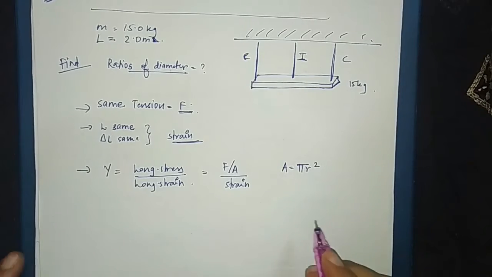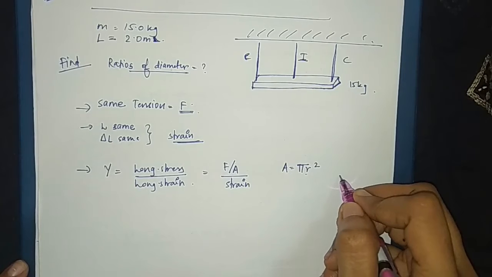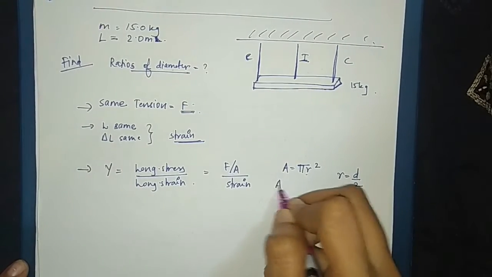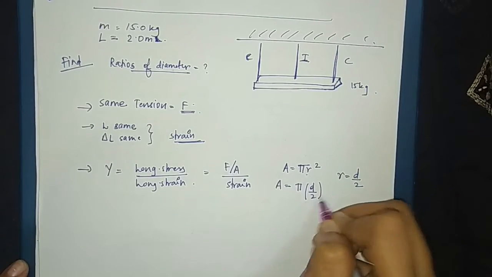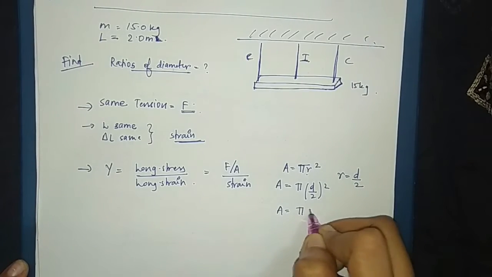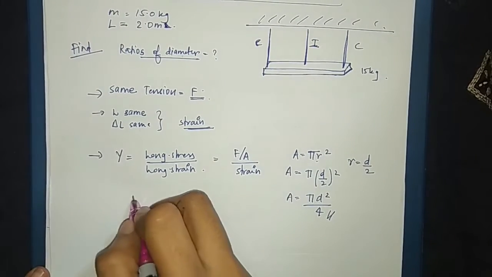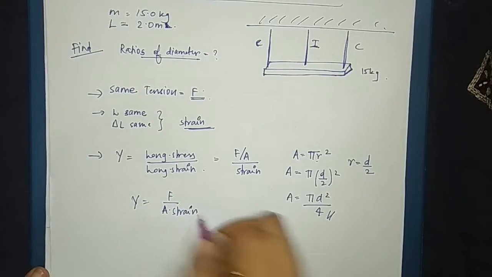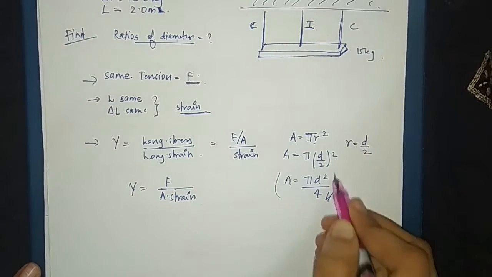But as we have to calculate the ratio of the diameters, it's better to use diameter instead of radius. As radius is half of diameter, area can be written as pi into d by 2 square, so area is pi d square by 4. So Young's modulus is F by A into strain, and A is pi d square by 4.